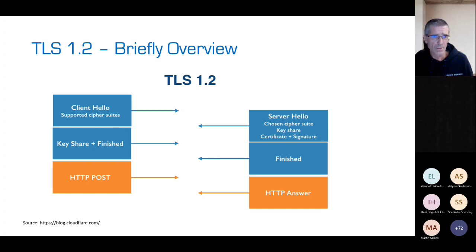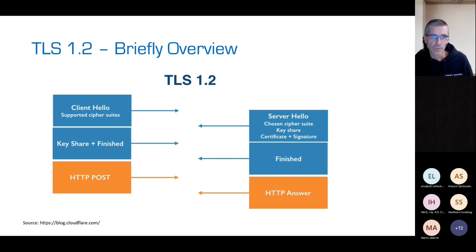It depends actually on the operating system. If you are using an older Windows operating system, then only older cipher suites are supported. But if you are using the latest version of Windows, then you have, of course, the latest next generation cipher suites.